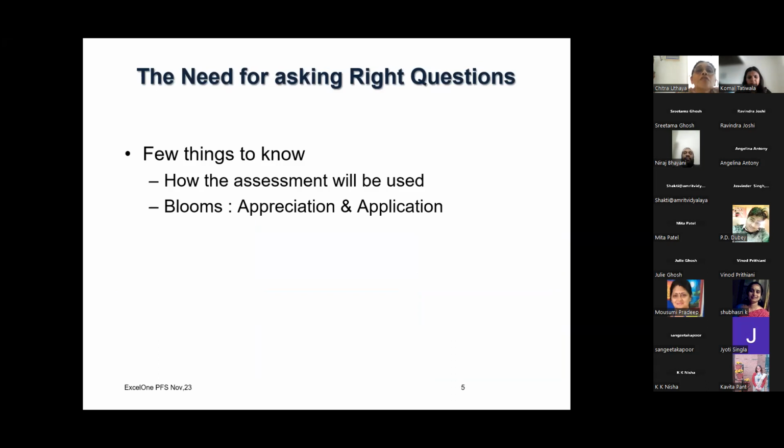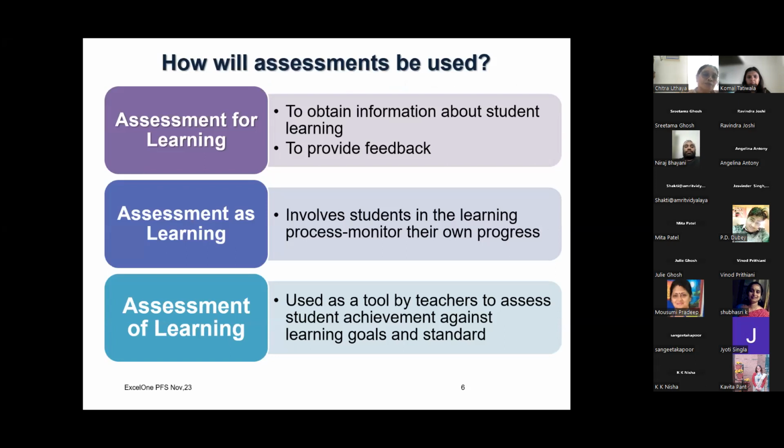So the need for asking the right kinds of questions, because you need to know how assessment will be used. And then we're going to be looking at Bloom's. Now, what do we mean by assessment for learning? We're going to look at how we obtain information from students. So when they take an assessment, what information are we getting from students and how do we give them feedback?